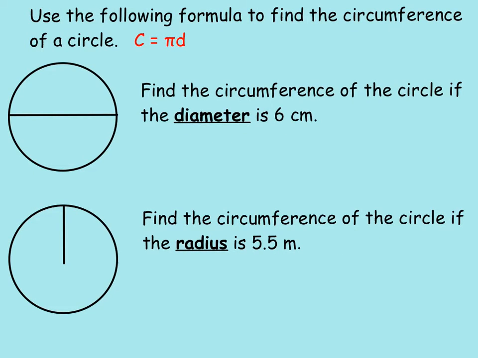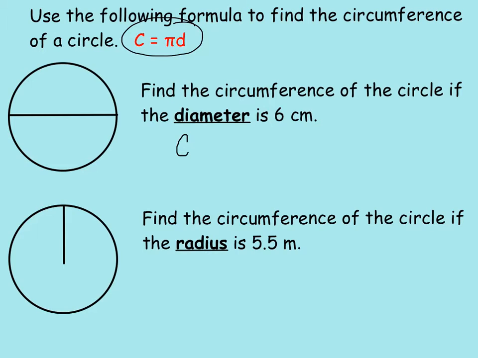Alright, so let's use the formula to find the circumference of a circle. Remember, circumference is really just the distance around the circle, kind of like the perimeter. In order to find the circumference, we're going to use the formula C equals pi times the diameter. So let's take a look at our first circle. The diameter is equal to 6 centimeters.